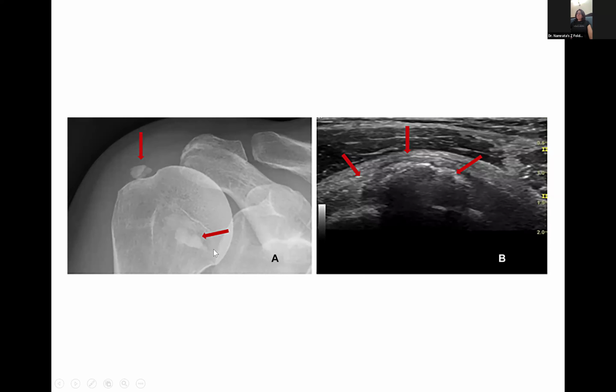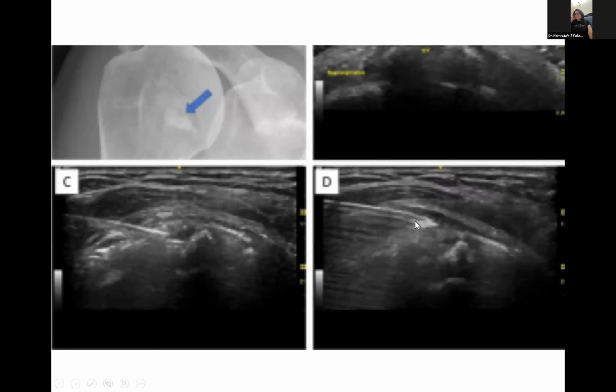Sometimes calcifications you can pick up in the X-rays, and that correlates well with the calcification within the tendon in the ultrasound with acoustic shadowing. And sometimes these calcifications are not seen in the X-rays. Only with the ultrasound are you able to make a diagnosis.